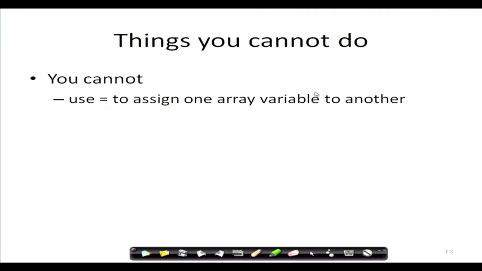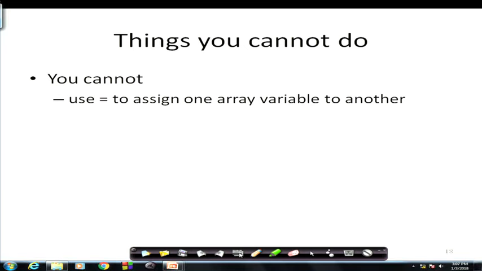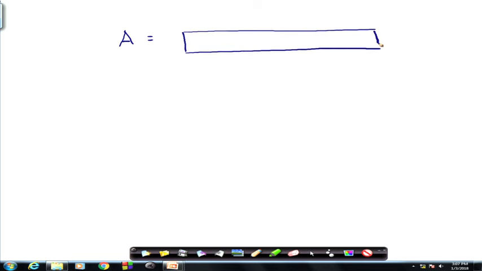For example, suppose I have one array A, which is an integer array, and the elements here are 1, 5, 6, 7, 9, 10.